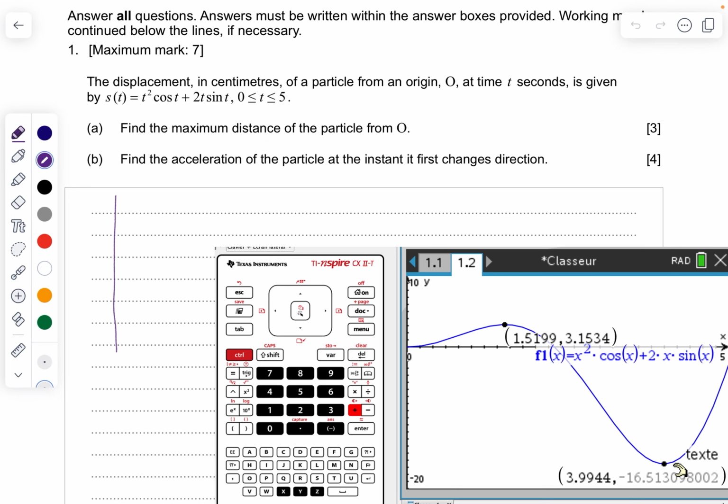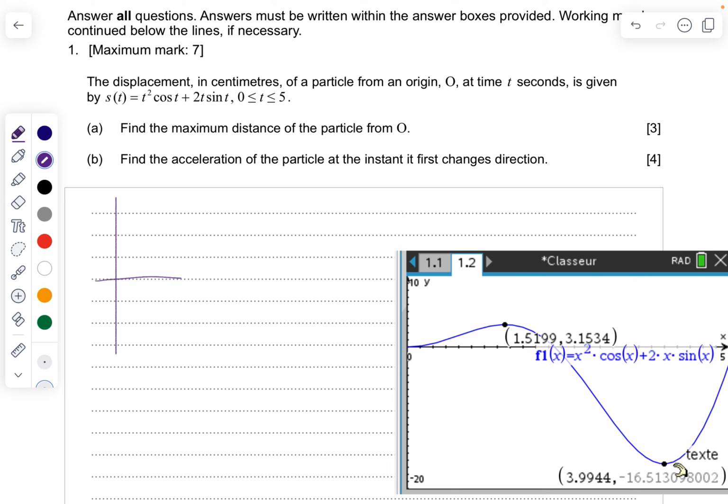So we have a graph a bit like this. And the displacement looks like this. Oops, not quite like that. It looks like this, and that's between 0 and 5, which is what it wants. And the maximum distance, well, this is 3.1534, and this is 16.51309.